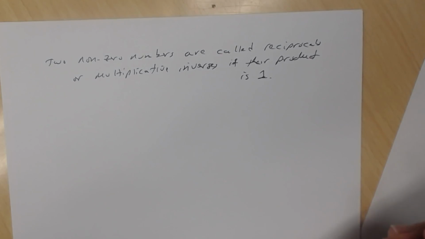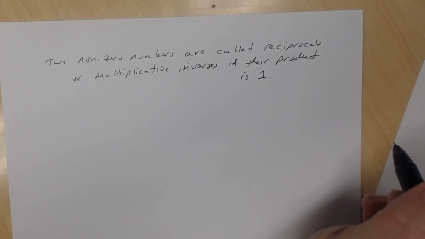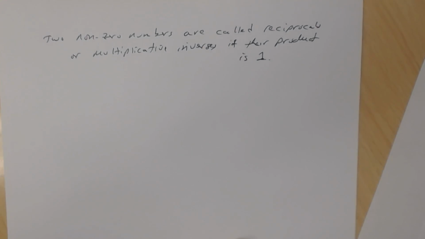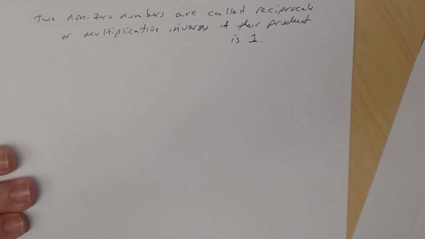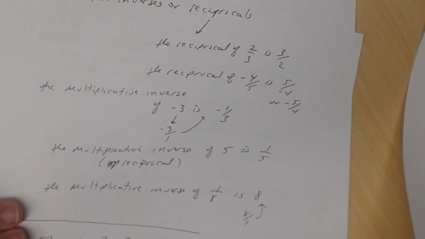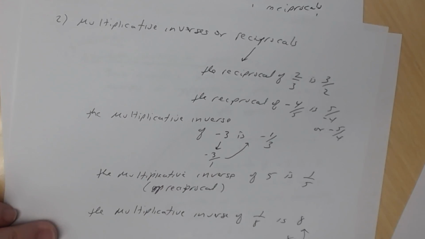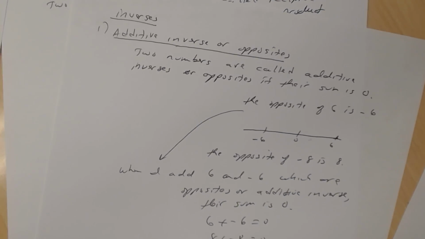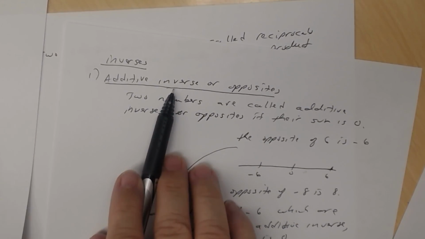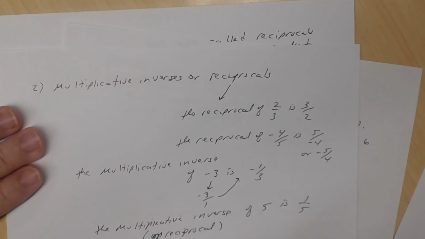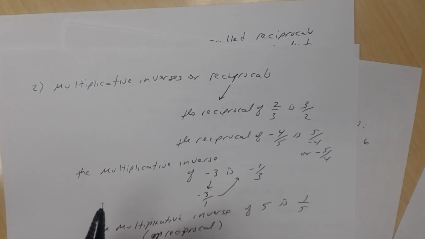If their product is 1. Okay? All right, now, so we talked about inverses. So far, in terms of inverses, we've talked about the additive inverse, which is the same thing as opposite. And we've also talked about the multiplicative inverse, which is the same thing as reciprocal.